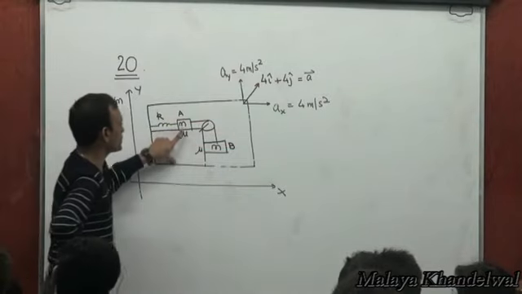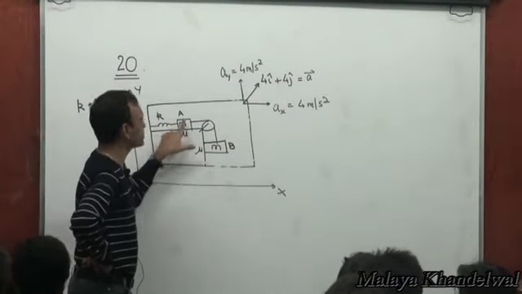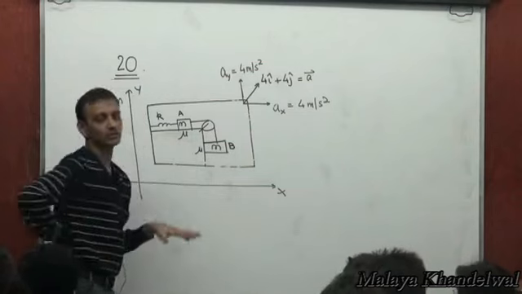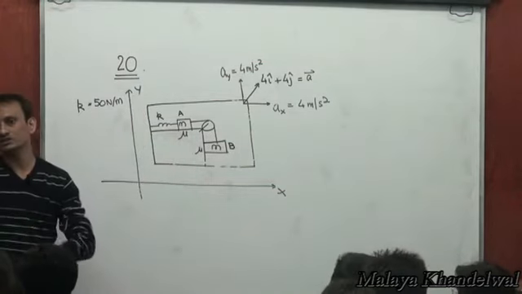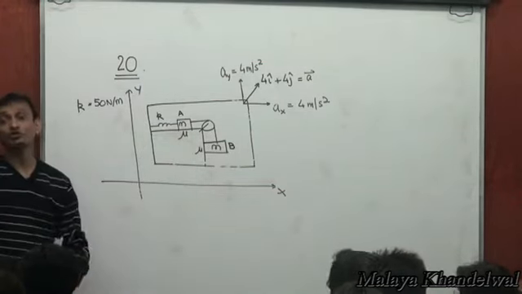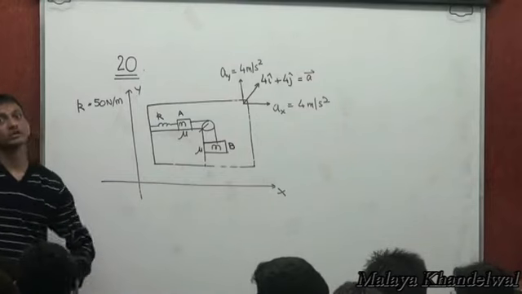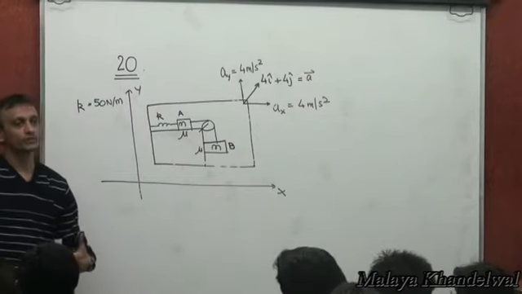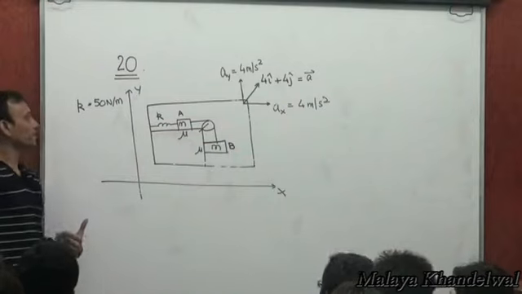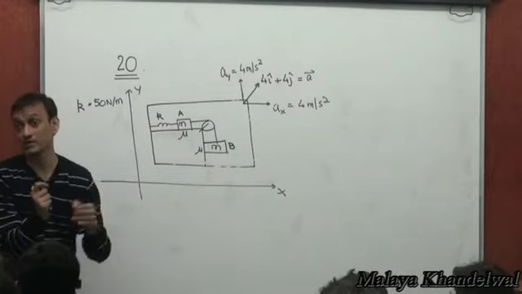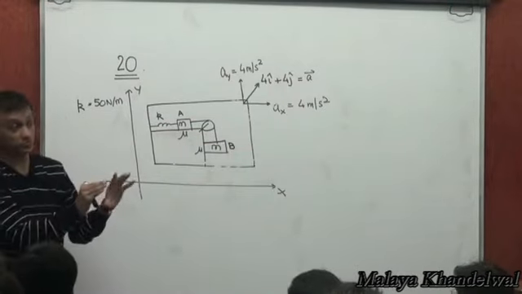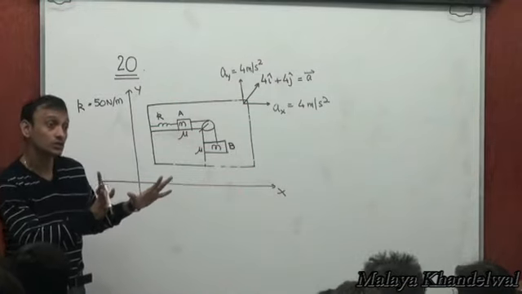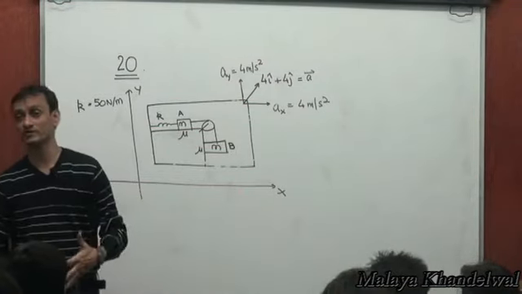There is friction between masses A and B and the bigger block. Coefficient of friction is mu. We want to find mu so that the spring remains unstretched all the time, under the influence of whatever is happening here.